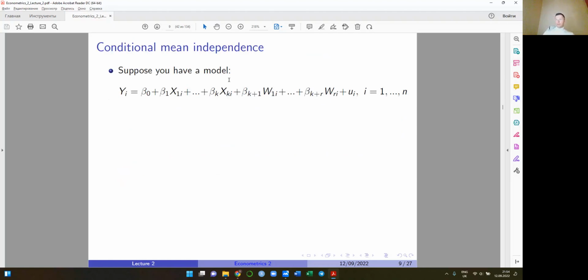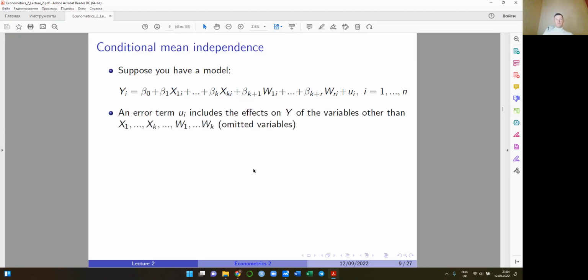Suppose we have a linear multiple regression model, where we have several variables of interest, x1, x2, etc., xk, and several control variables, w1, w2, up to wr, and the error term u_i. What is the error term?